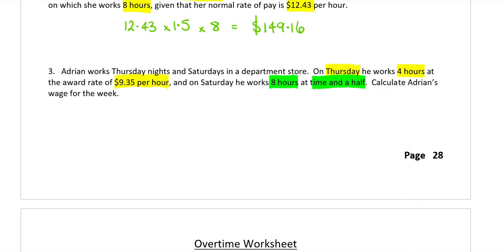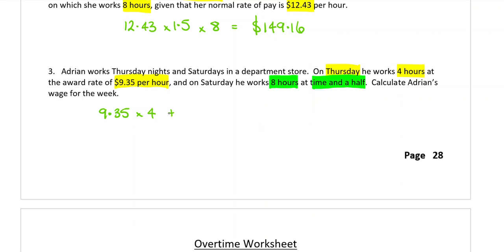So let's do the two things separately, but we're going to add them together. So the first one, Thursday. On Thursday, he gets $9.35, and he does that for 4 hours. So it's going to times by 4. No overtime, normal pay, right? Now I'm going to add to that.